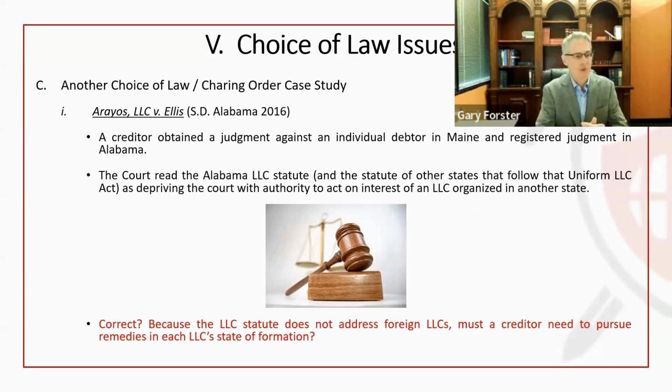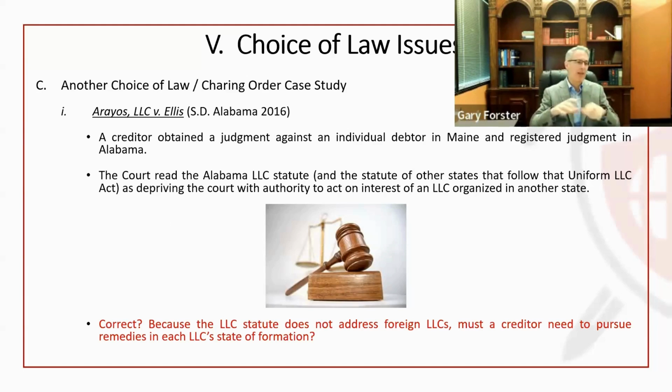This case, Arroyos, also very insightful, with litigation in the state of Maine that was moved to Alabama in a federal court regarding collection of the assets inside a Delaware LLC. And I think the court was confused.